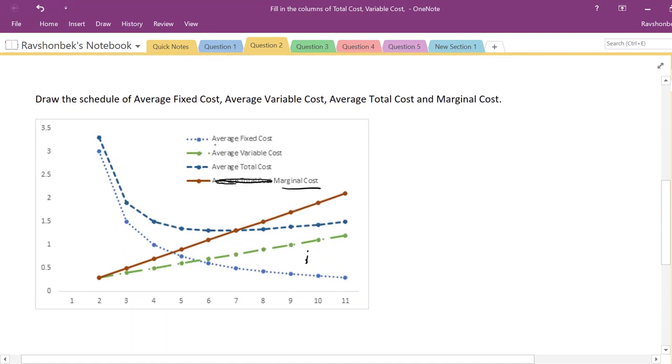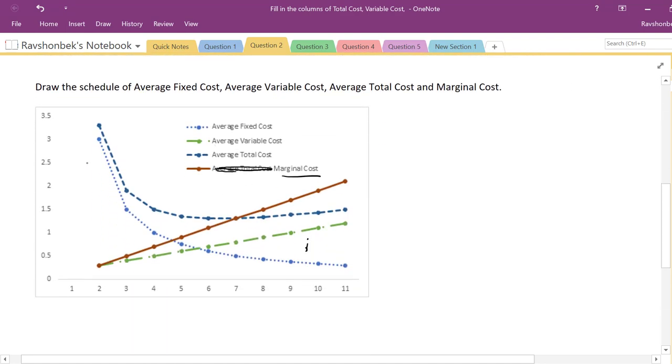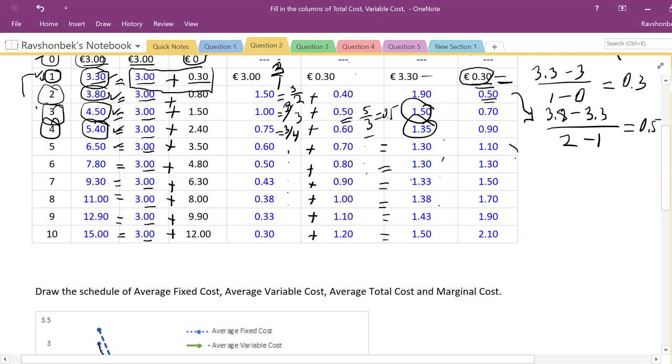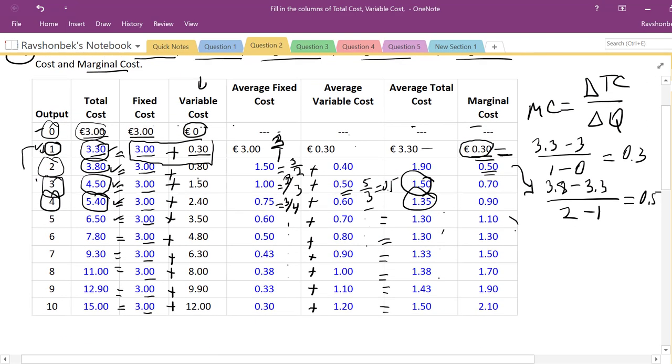As you can see, this is the average fixed cost. Notice what happens to it. As the number of units increases, it's gradually declining and approaching 0. That makes sense, because it's fixed at any level of output.